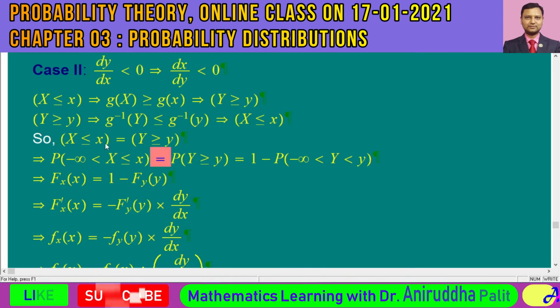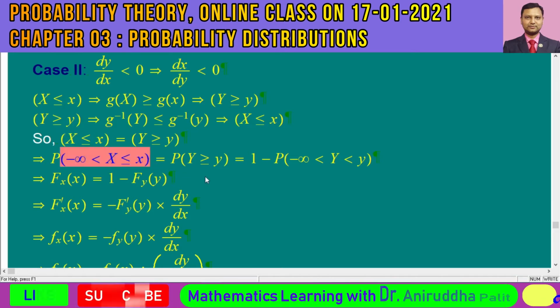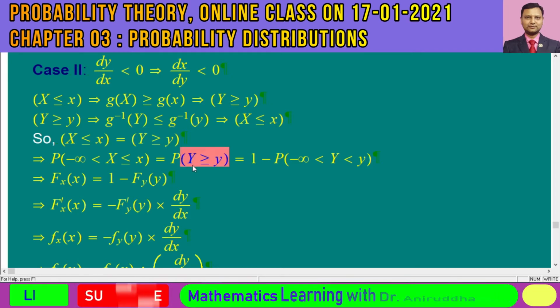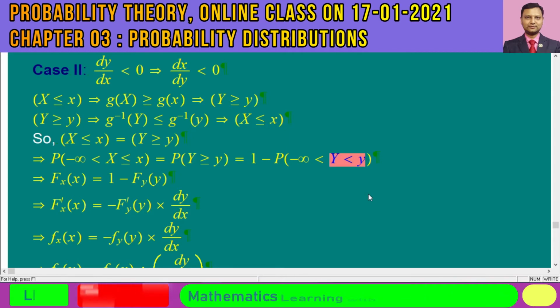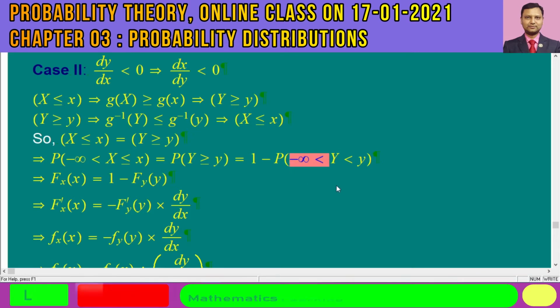Got it? Over here, the event X less than or equal to small x can be written in this way: minus infinity less than capital X less than or equal to small x. And the probability of the event Y greater than or equal to small y can be written in terms of the complement of the event. The complement of that event would be capital Y strictly less than small y, and the lower limit of capital Y would be minus infinity, of course.